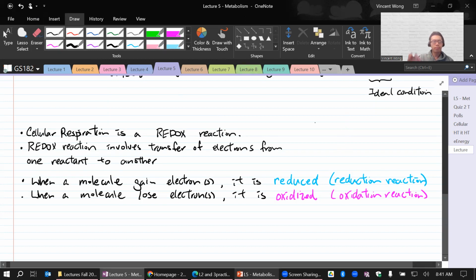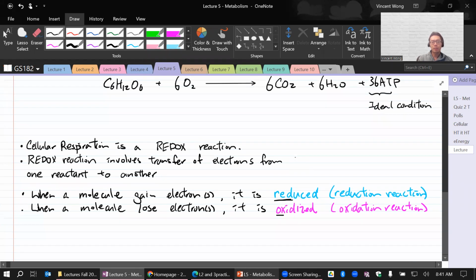So when you have both of these things happening at the same time, because you transfer electron from one reactant to another, right? So the one that's losing the electron is going to be oxidized. The one that's gaining it, it's going to be reduced. So when both of them are happening at the same time, we say it is redox reaction. That's where the RED and the OX comes from. It's reduction and oxidation.